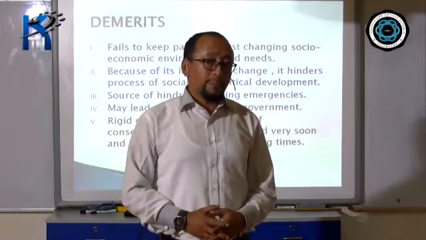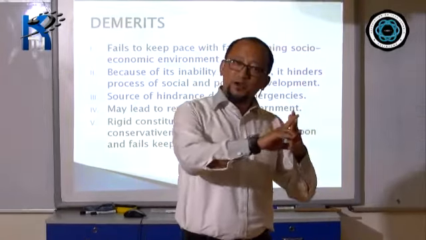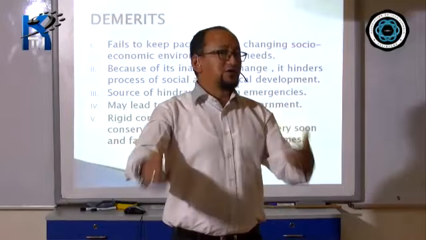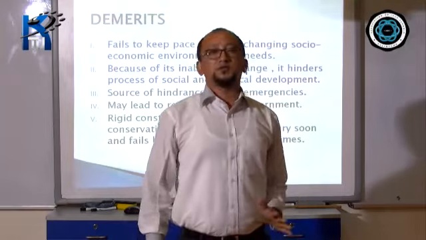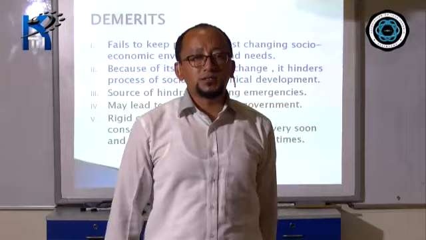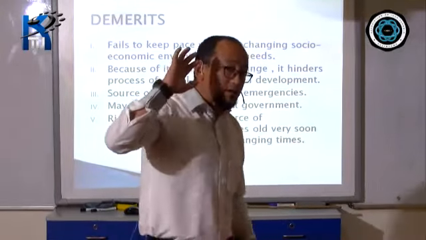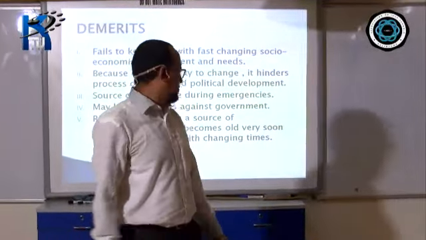So children, I hope you are okay with the merits and demerits of the rigid constitution, followed by the merits and demerits of flexible constitution. I hope you'll always keep this in mind. All right? As far as the examinations are concerned, at least remember 3 points. That's going to be more than enough for you when it comes to examination. But you're expected to learn these things and know these things, children.